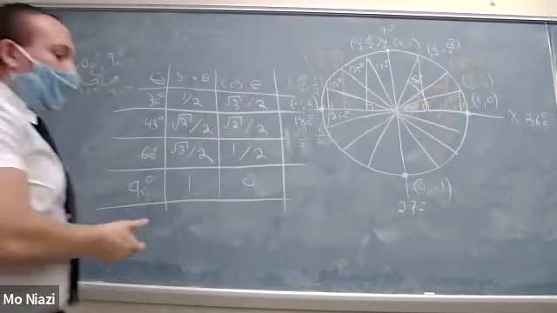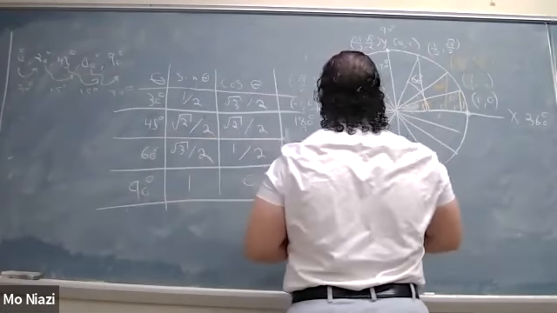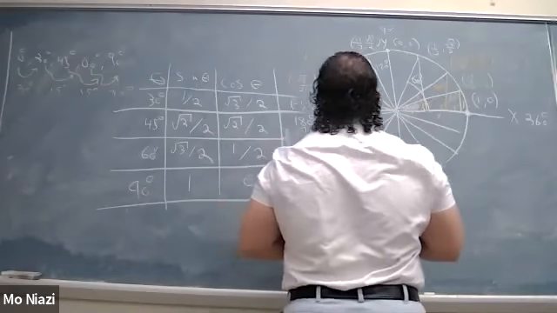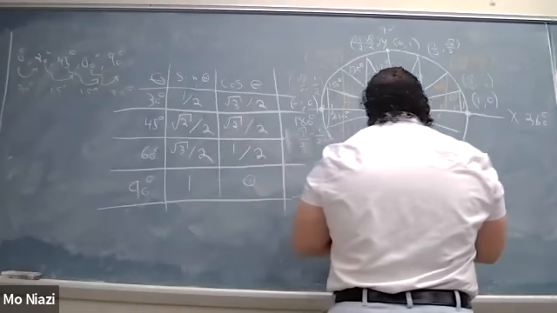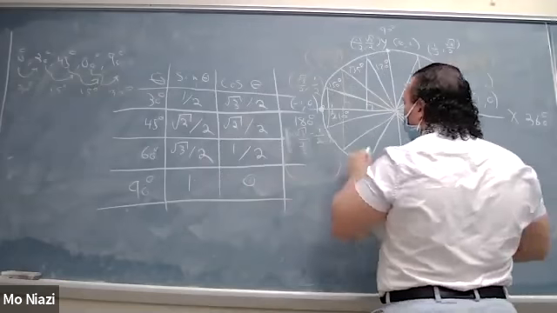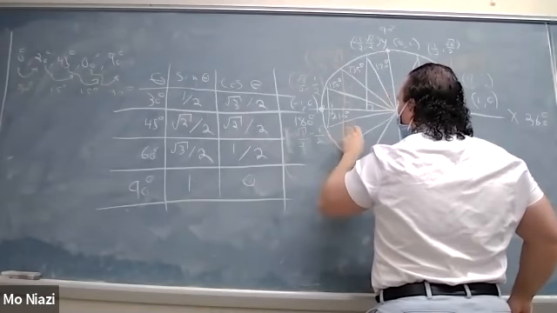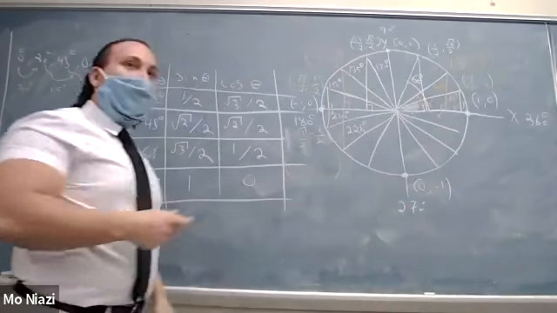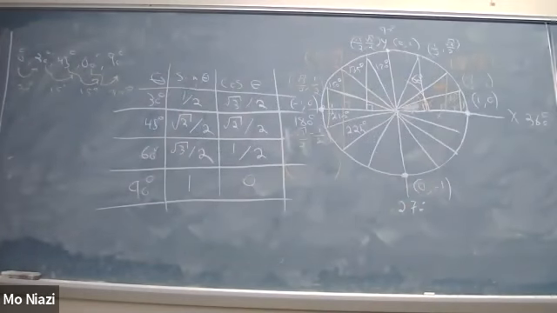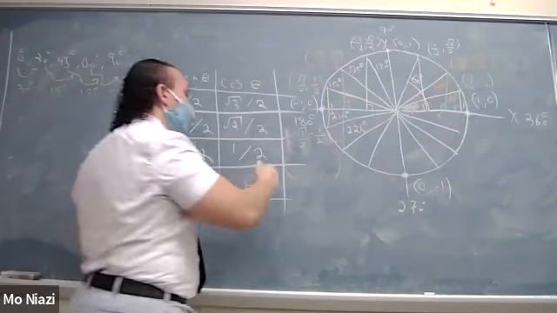So on to the next one. At what angle is the next one? 225? What are the associated cosine and sine values?